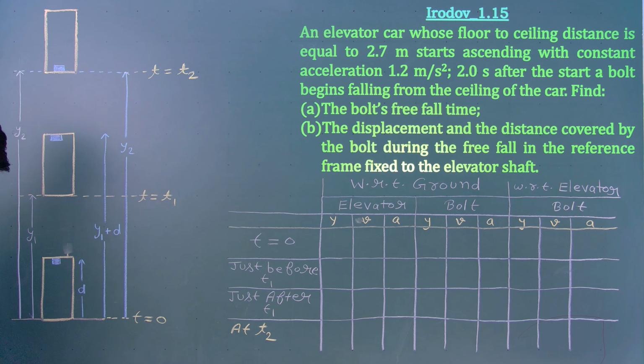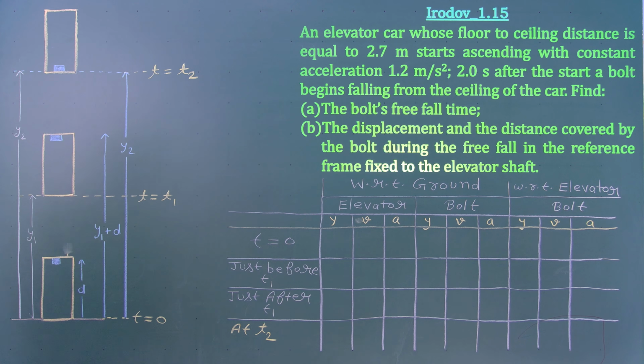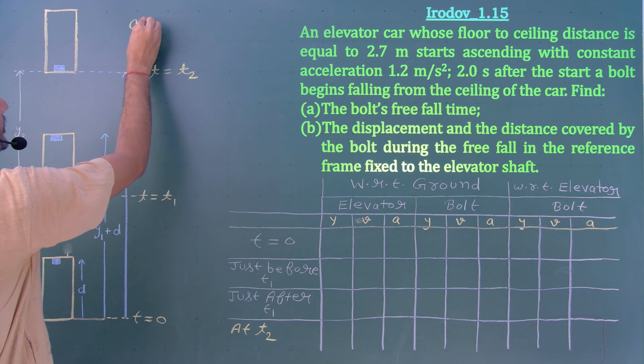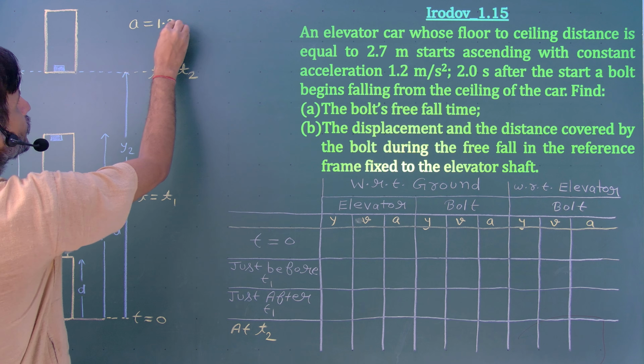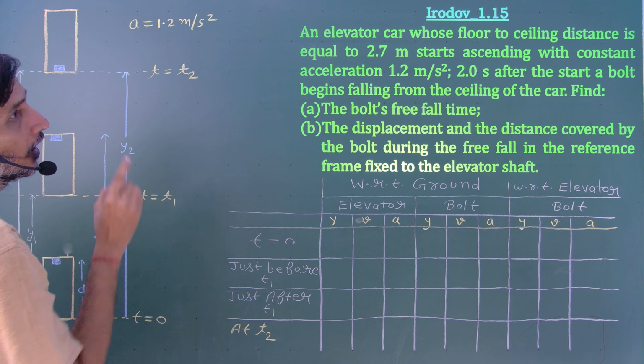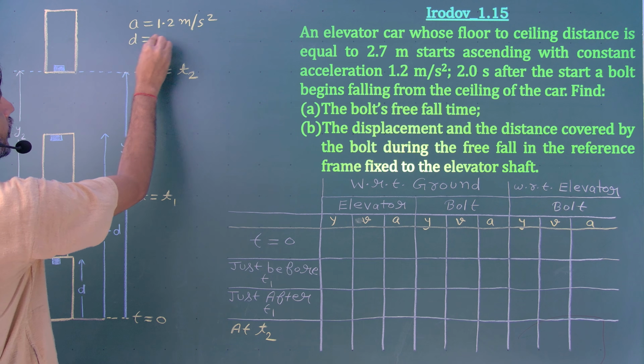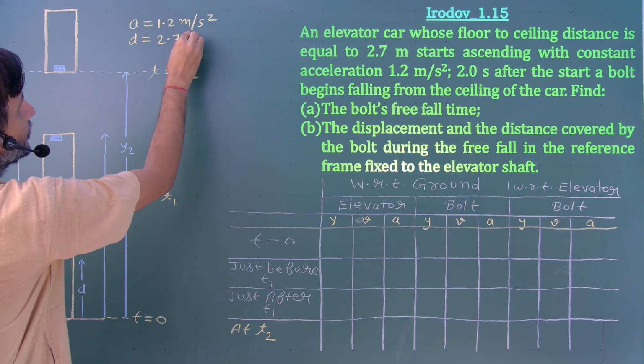This elevator starts accelerating in upward direction with constant acceleration 1.2 meter per second square. Let me call this acceleration a equal to 1.2 meter per second square. So this data is given. Again the distance d equal to 2.7 meter.